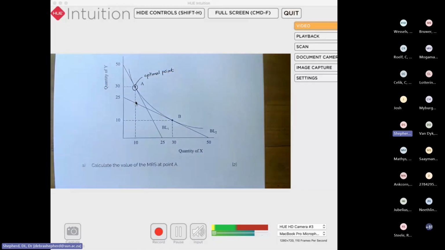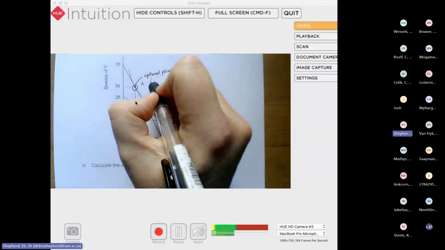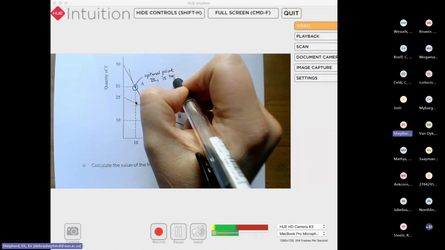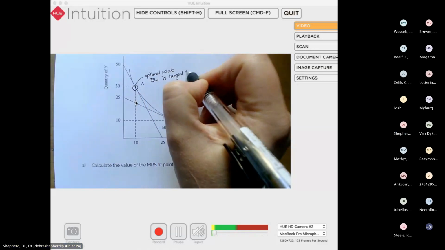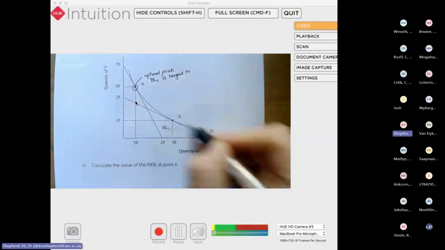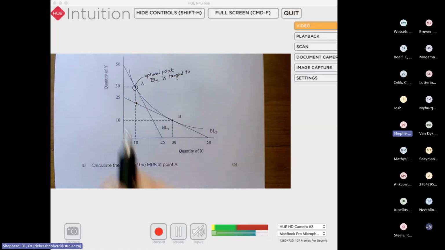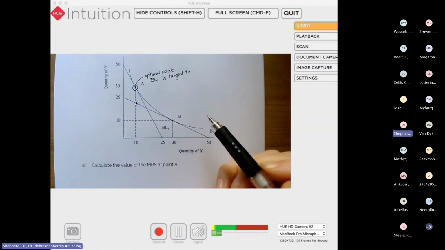The reason why I know it's an optimal point is because at point A, budget line 1 is tangent to this indifference curve. So what must be true at point A?